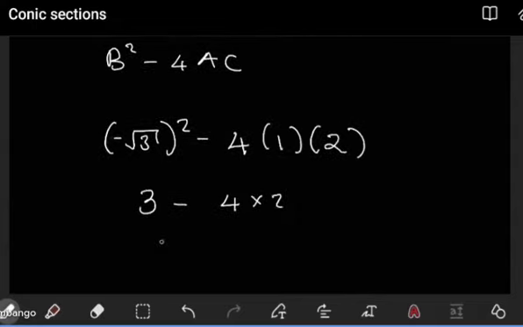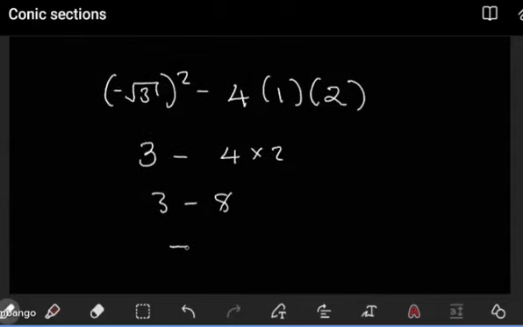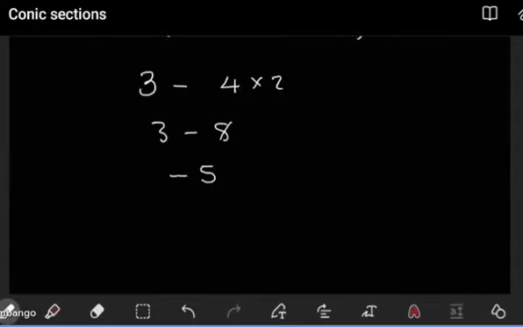This becomes 3 minus 8. This becomes minus 5. So what are we seeing? We're seeing the case where when we evaluate B squared minus 4AC, it's giving us a value that is less than 0, because negative 5 is less than 0.